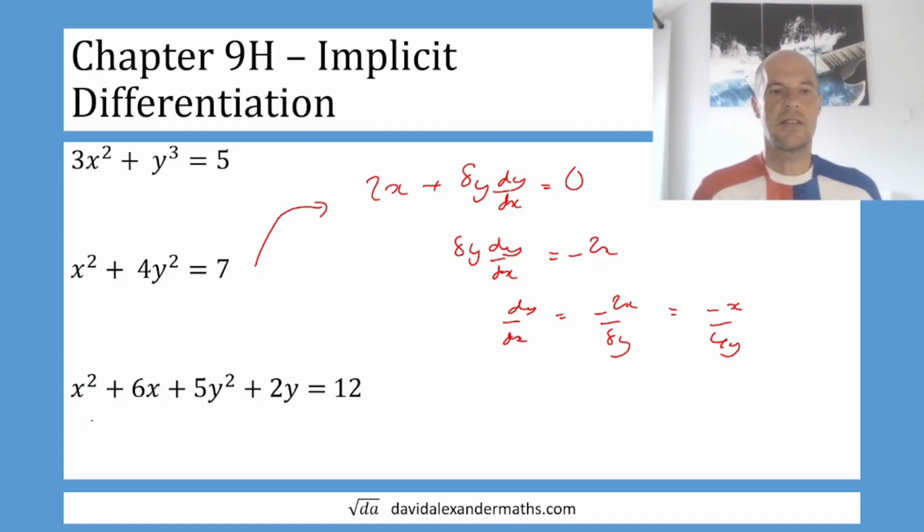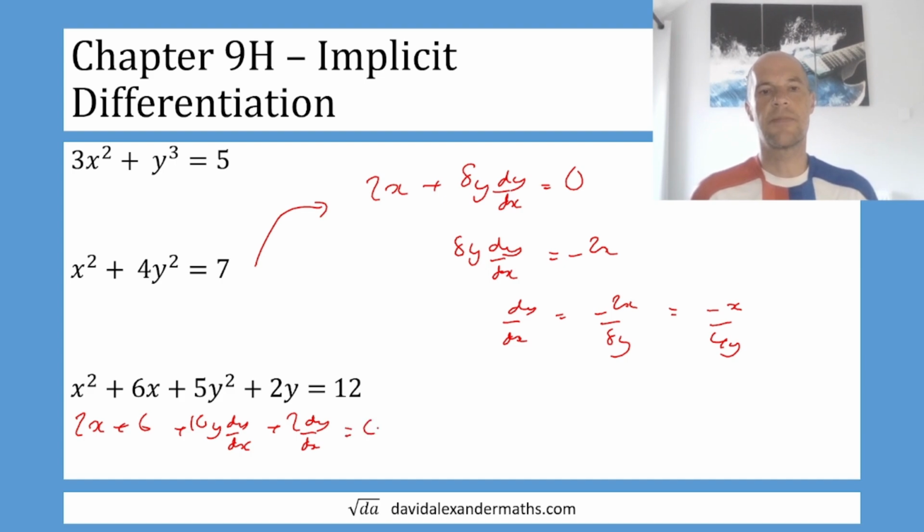Done. This final example, that's going to be 2x plus 6 plus 10y dy dx plus 2 dy dx equals 0. So I'm going to subtract a 2x and a 6 from both sides. So 10y dy by dx plus 2 dy dx is negative 2x, take away 6.